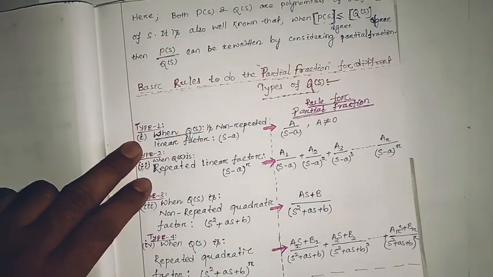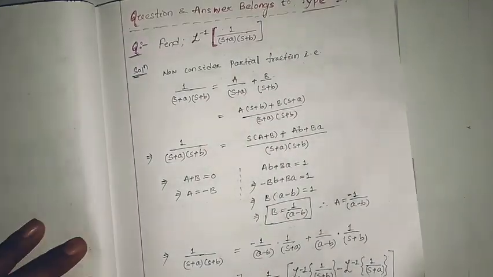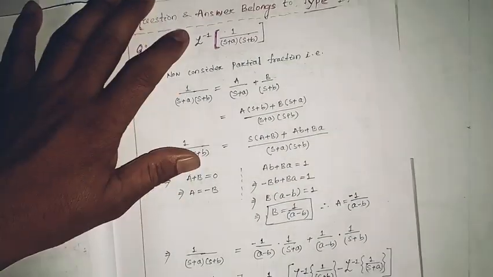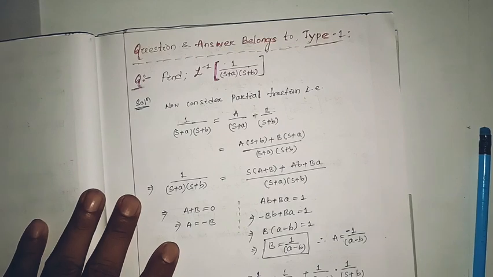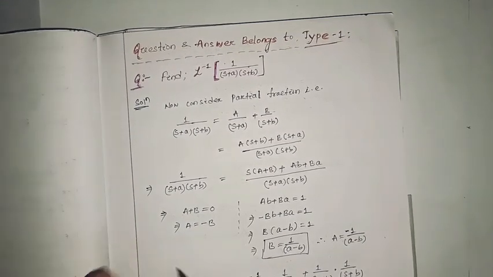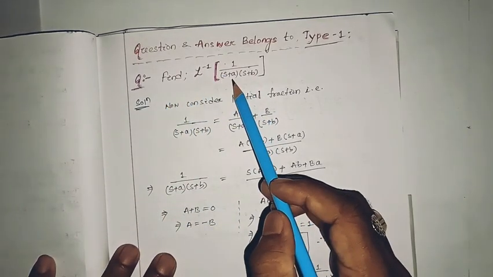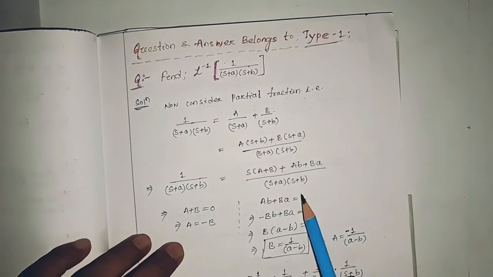Now we are going to go for the type 1 numerical. Here I have considered two examples, two numericals that we are going to discuss. The question is: find the inverse Laplace transform of 1/((s+a)(s+b)).